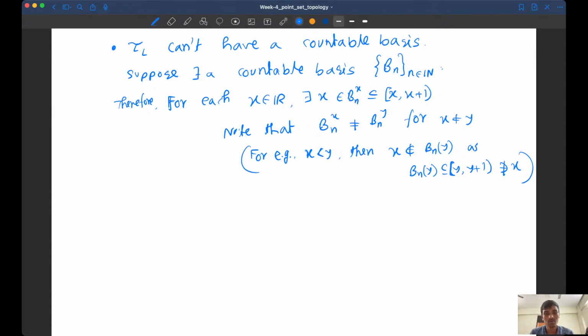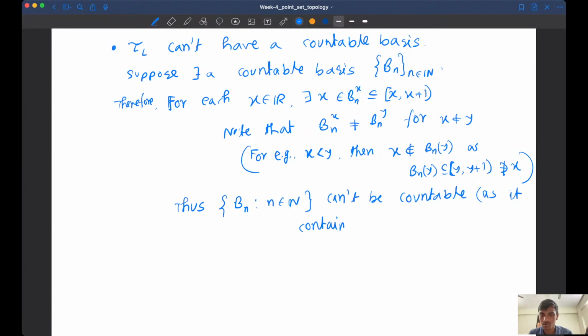So thus this Bn, n belonging to N, can't be countable, as it contains R-worth of different sets.